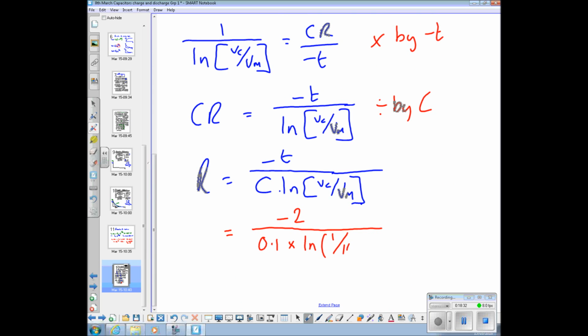So 1 volt at 10 volts equals. So plug those numbers into the calculator, get a new value for R that will see that capacitor discharged in that amount of time.